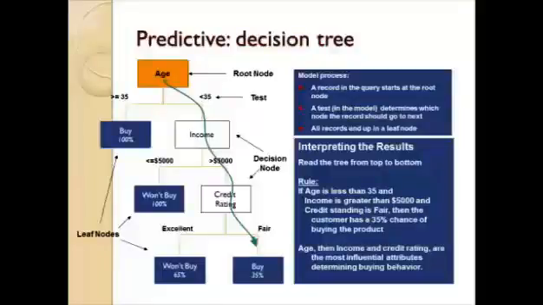The root is shown at the top, which is also the most important factor. In this example, the most important factor happens to be age. We have a rule that says if a customer is at least 35 years old, then the chance of buying is 100%.